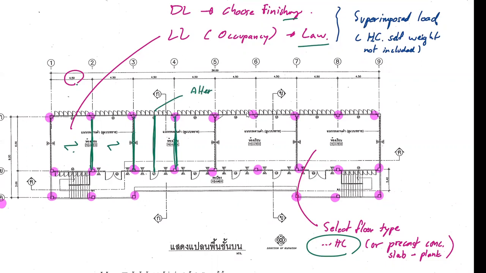Alternatively, add more beams. When you add more beams, the span of your floor will reduce in half, from 4.5 to 2.25. If you have a heavy load, this is the way to do it. Add more beams so your floor becomes smaller, and that means the overall weight of the structure is also reduced.